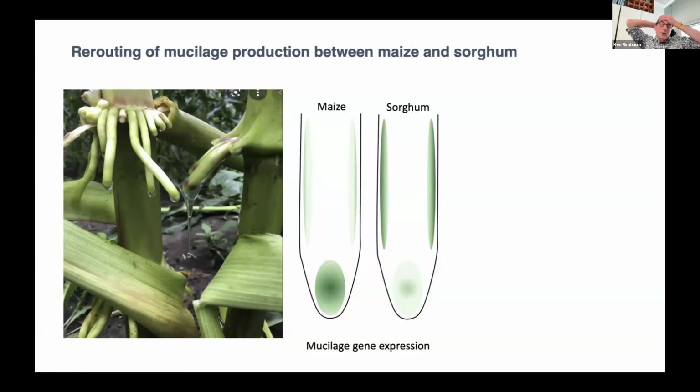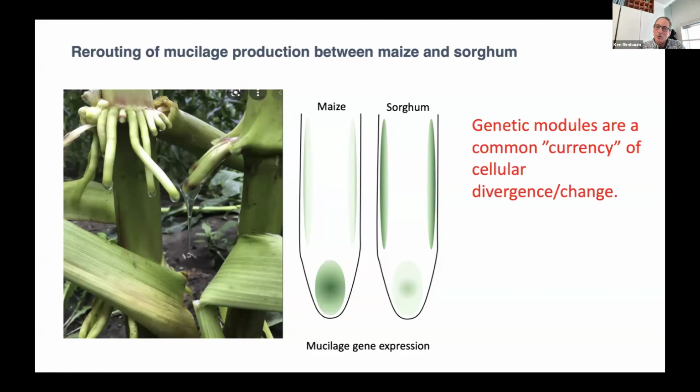Okay, so all this by way of saying, and I actually believe this because I feel like this theme comes up over and over again in the research that I've done over really the last 20 years, is that there's a lot of aspects of cell identity that fall into modules and seem to get swapped around.